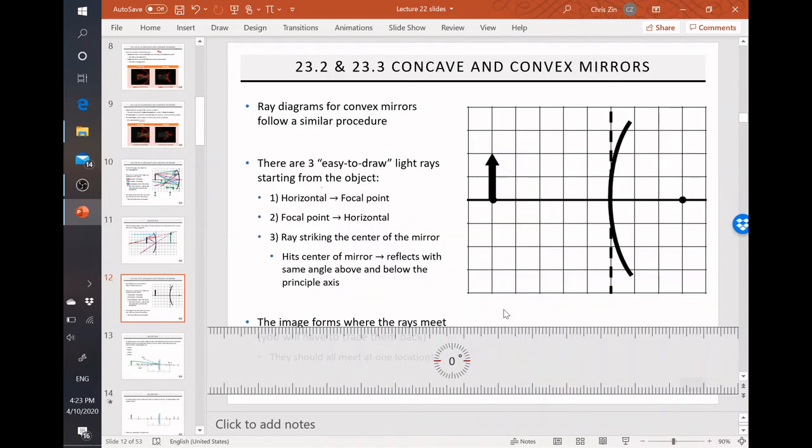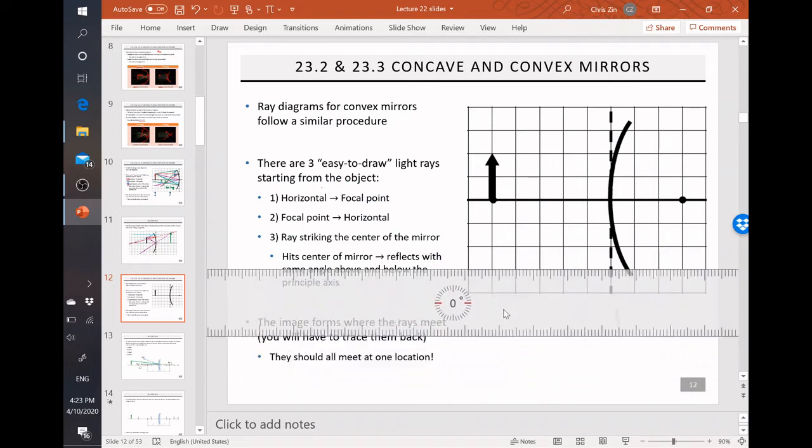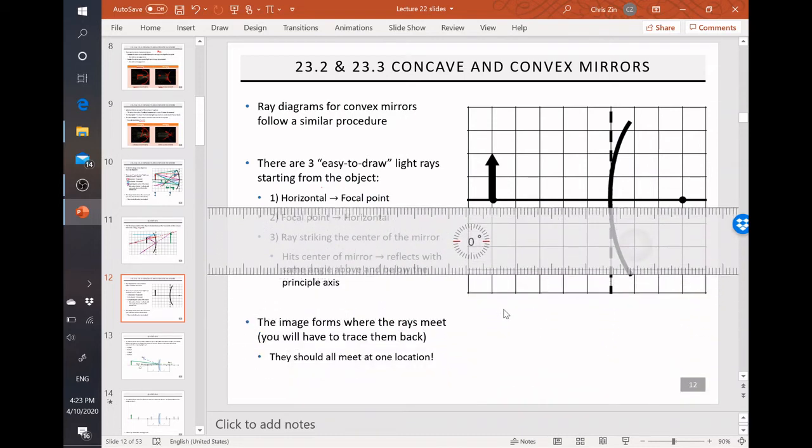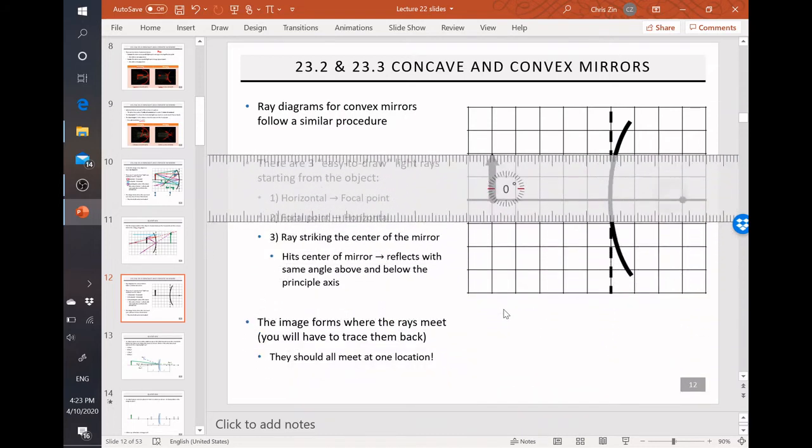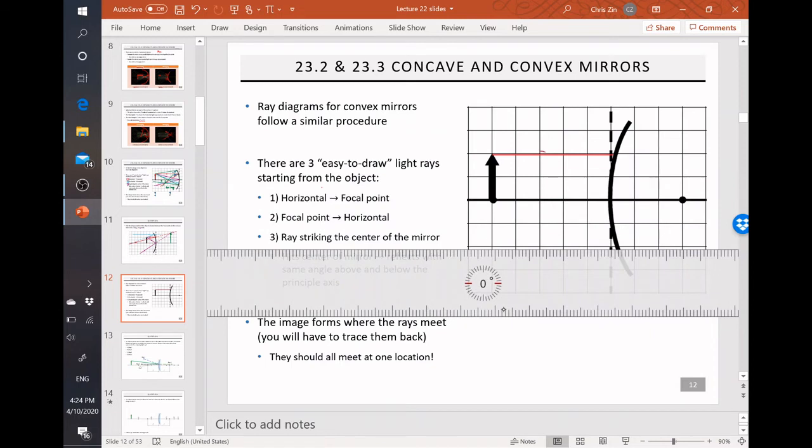For a convex mirror, we follow a similar procedure. The three rays will look different, but they still follow the same rules. So we start with the horizontal to focal point ray. This one starts going horizontal. It reflects off of the mirror. And now we know it's a diverging mirror, so it has to reflect off in that direction somewhere.